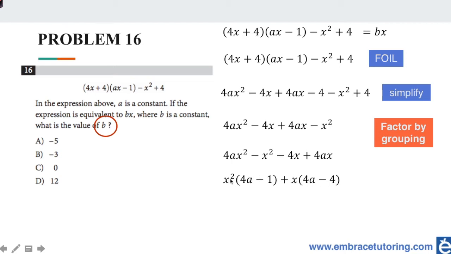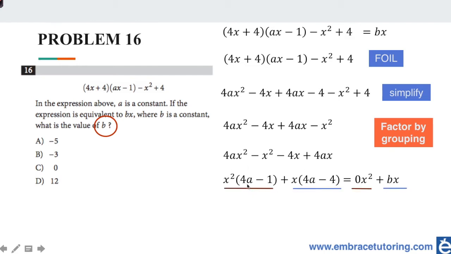Well, if I understand that there's no term for x squared, then this 4a minus 1 has to equal 0, and then I can use that to solve for what 4a minus 4 is going to equal, which is b, going by what my like terms are.